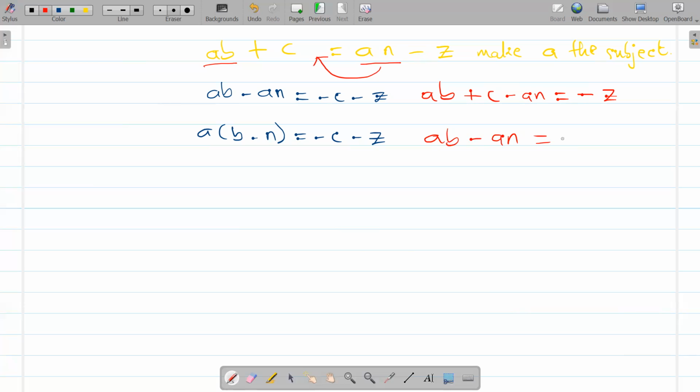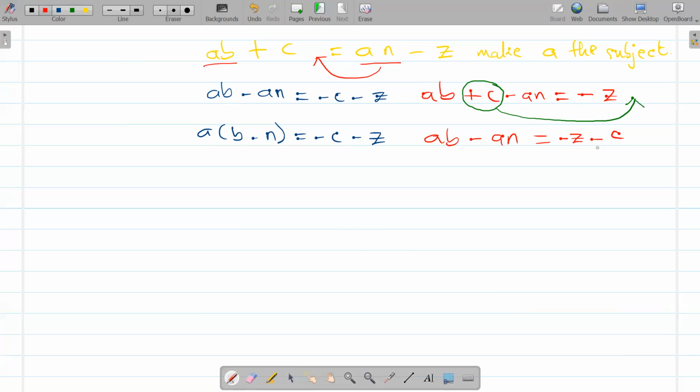And this is already minus Z. So this C, which is positive, is moving to this side of the equation, then we have negative what? Negative C. Yes, negative C is the C that is moving.